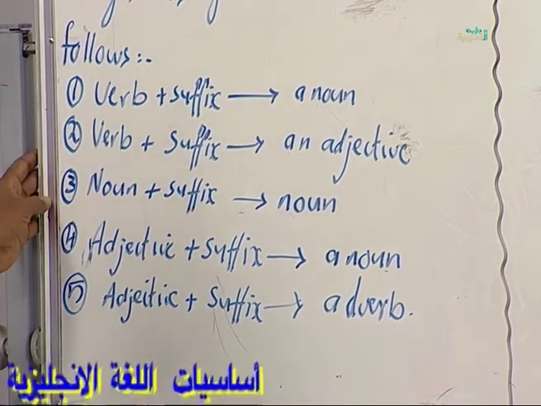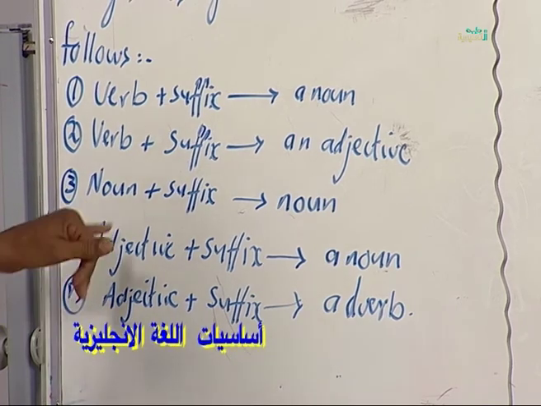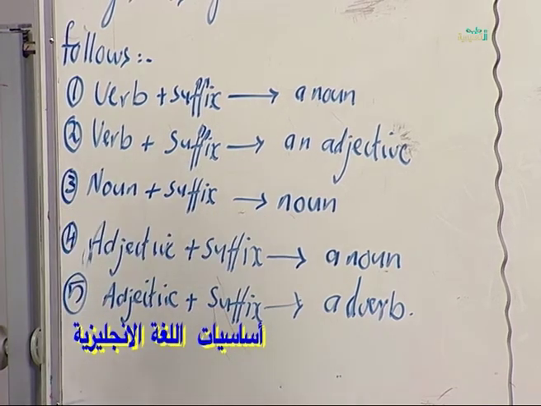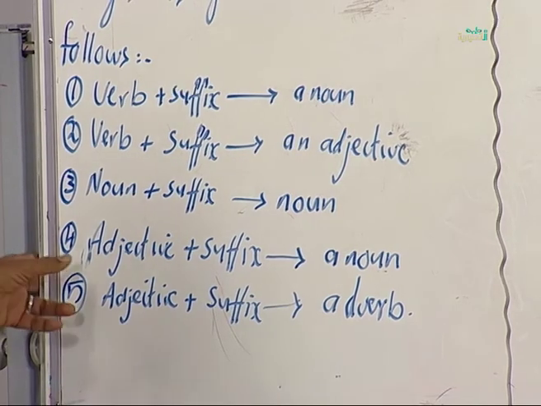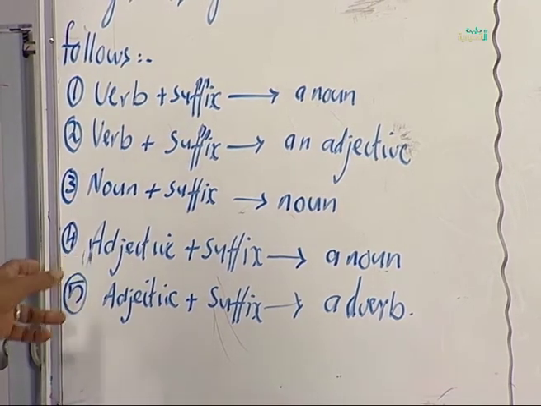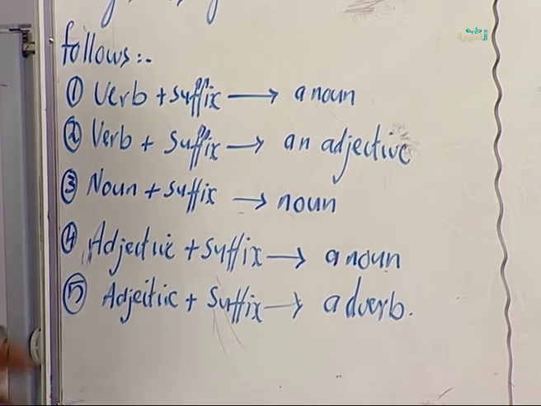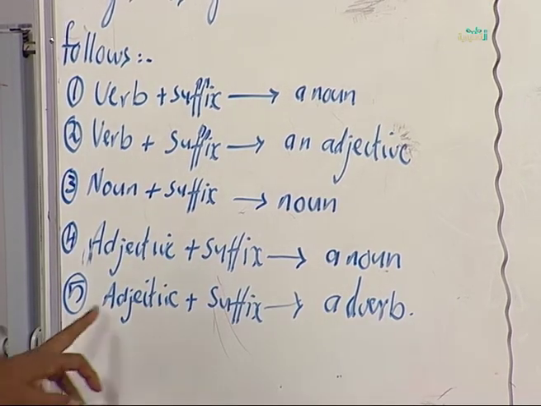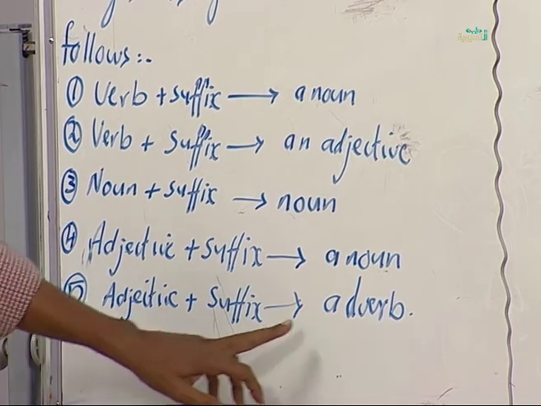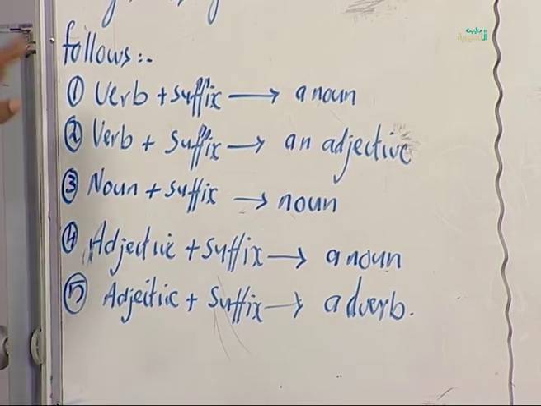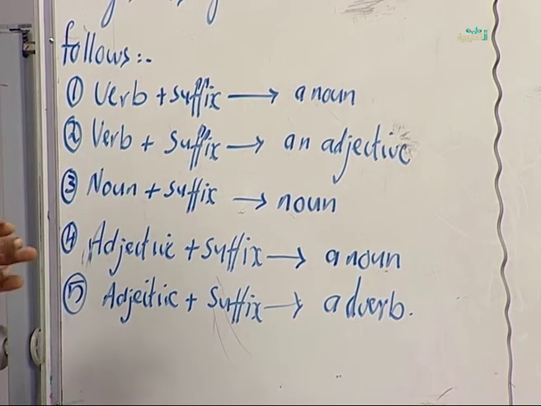The third thing, we have a noun, we add to it a suffix to give a noun. Or we have an adjective, we add to it a suffix to give a noun. Or we have an adjective, we add to it a suffix to give a verb. This is all the things that we are going to have about the suffix.